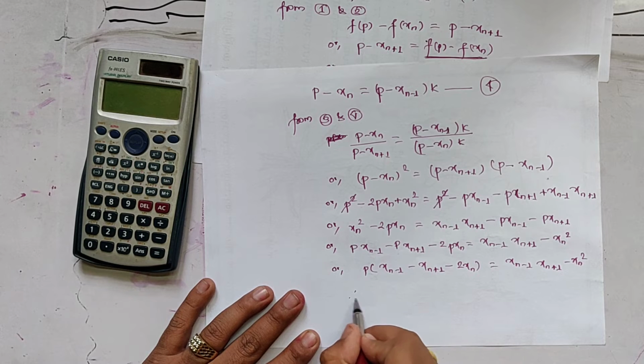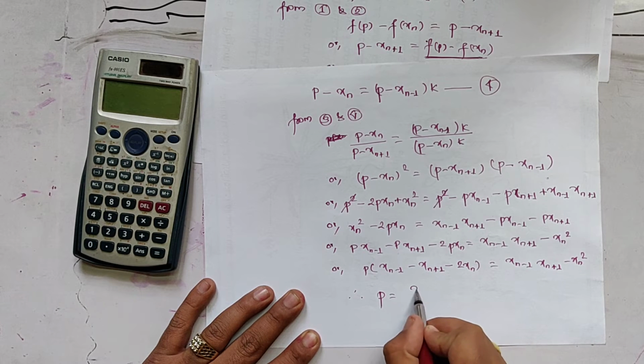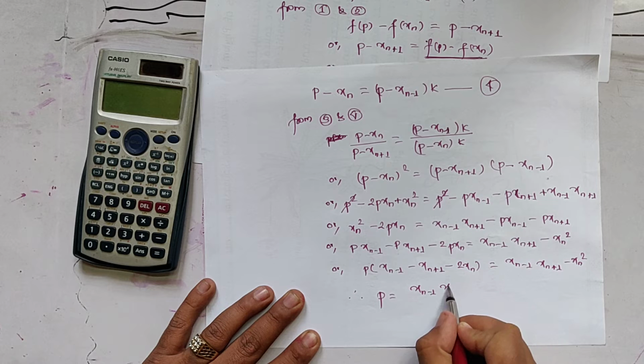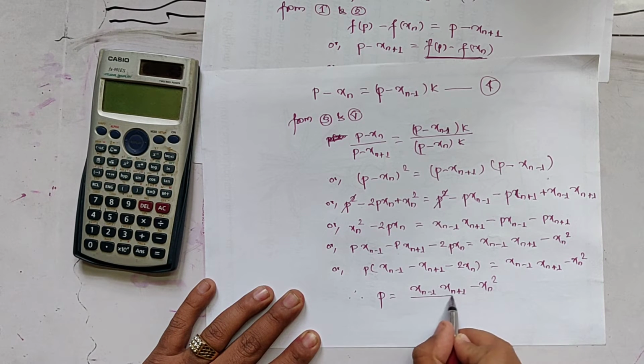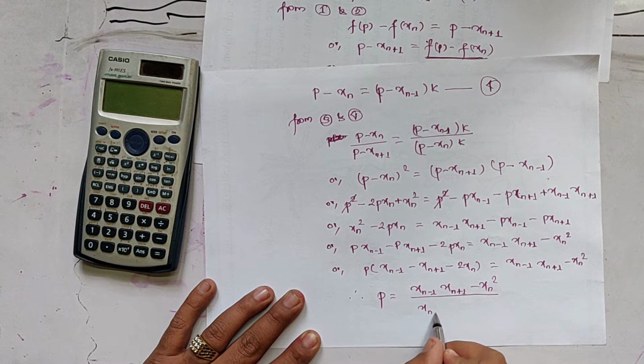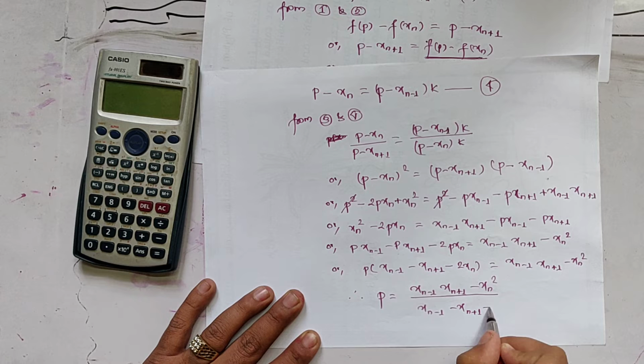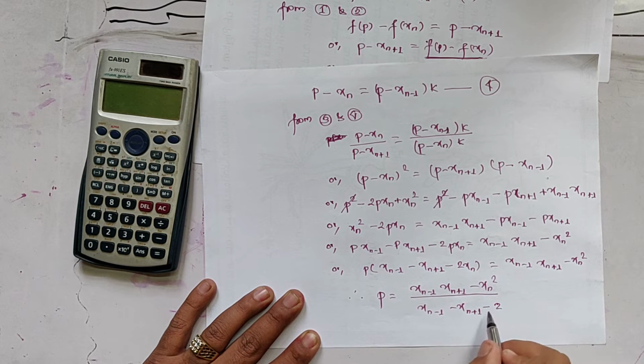That is, p equals (xn minus 1 xn plus 1 minus xn square) divided by (xn minus 1 plus xn plus 1 minus 2xn).